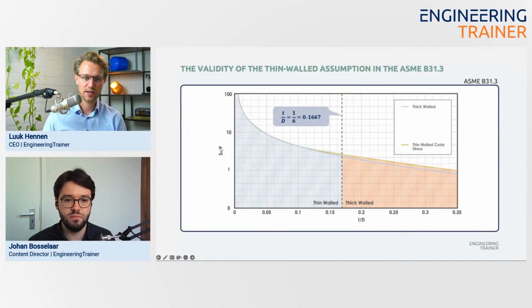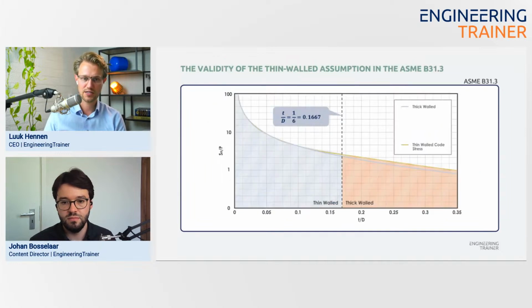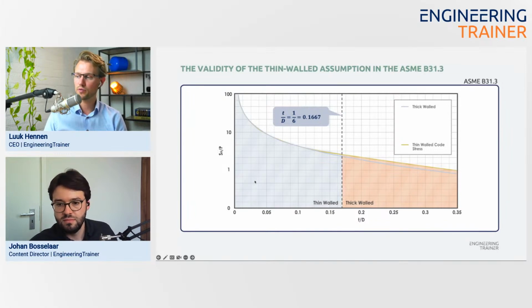But be aware that, going from the previous slide, we changed the horizontal axis. Before it was outer radius divided by inner radius; this is thickness divided by diameter. The same vertical axis, also on a logarithmic scale, the same plots, and they basically say 1/6.